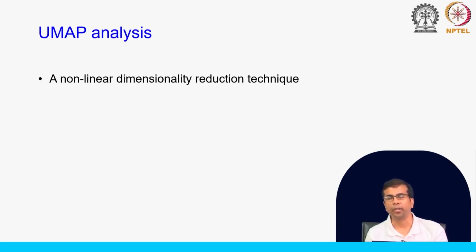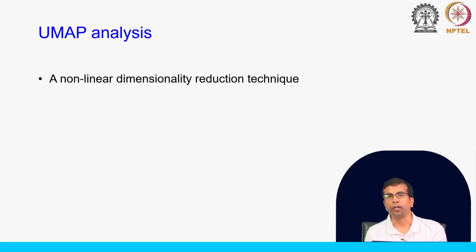What it means is that this method will not be able to tell us which features are the most important ones. It will be able to show us the structure of the data from very high dimensional data. It will project the data in low dimension, which will give us an idea about the structure of the data, but it will not be able to tell us the most important features, which PCA did.